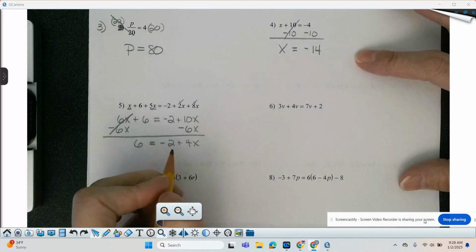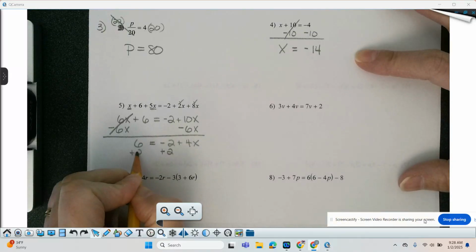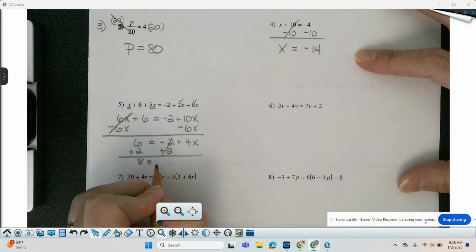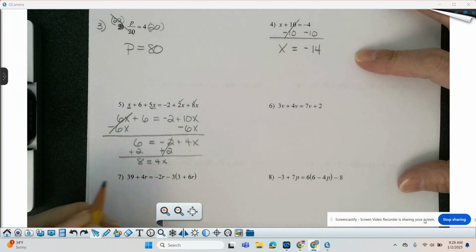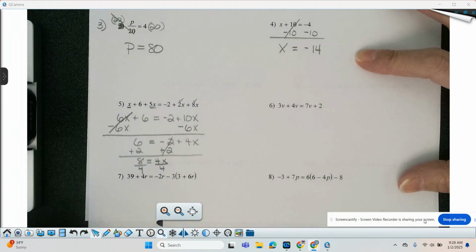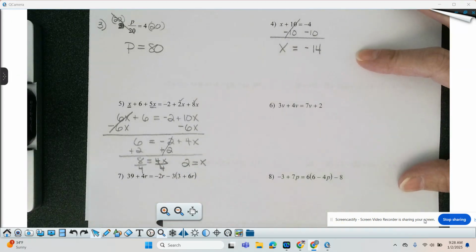So what we're going to do here is add this 2 to this side, and that's going to be 8 is now equal to 4x. Now the number with the letter is the last to move, so I'm going to divide, because it was 4 times x. That's going to leave me 8 divided by 4, which is 2, and then 4 divided by 4 cancels, so in this case my x equals 2.